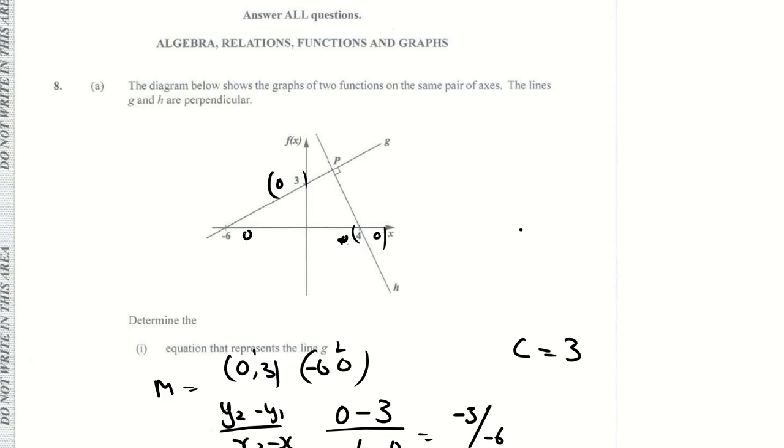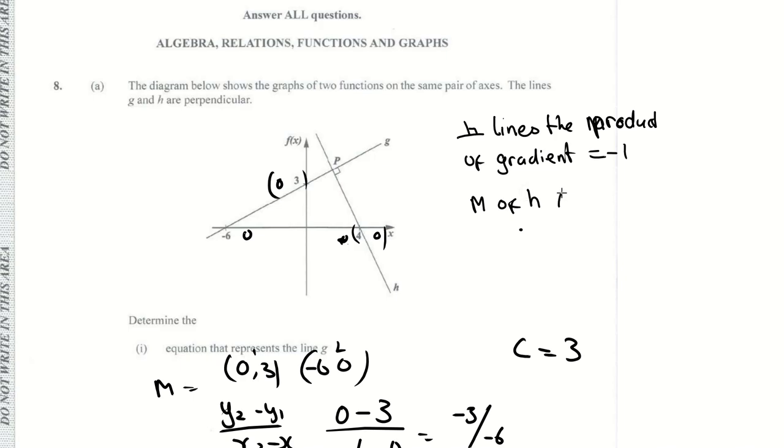For perpendicular lines, the product of gradients is equal to negative 1. So this means that the gradient of H multiplied by the gradient of line G would be negative 1. Everyone understands that? They are equal only when they are parallel. If they told you that's parallel lines, then they have the same gradient. Alright, everybody good with this?